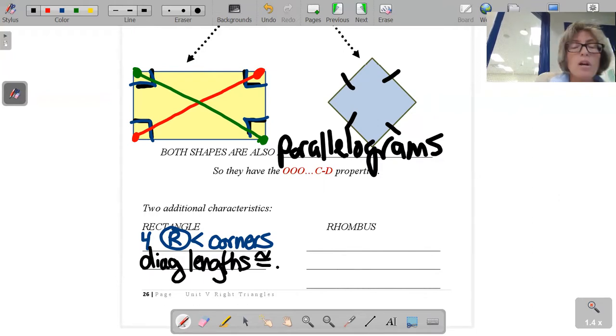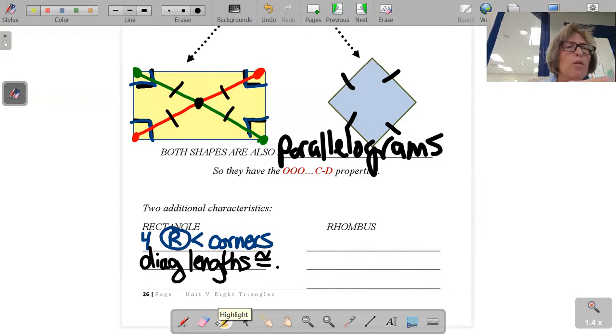So the red and green are congruent in length to each other. And if that's the case, and that's the midpoint because it's a parallelogram as well, that means all 4 of these pieces are congruent.